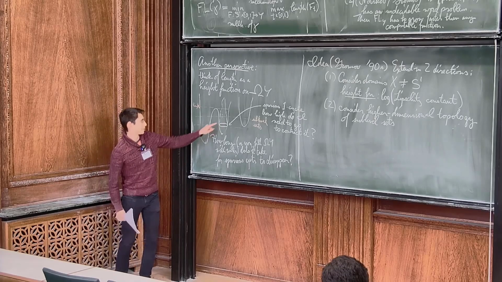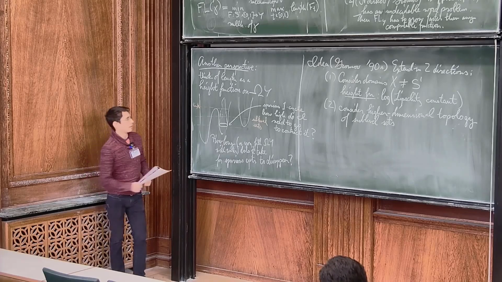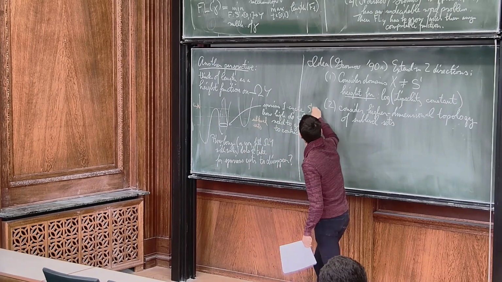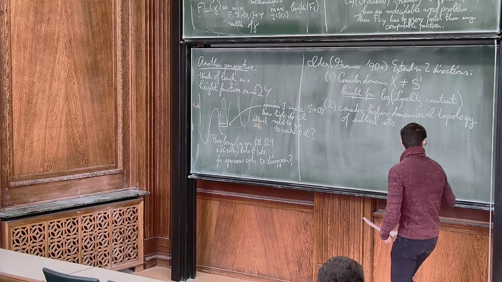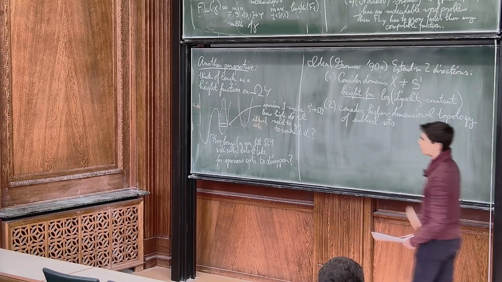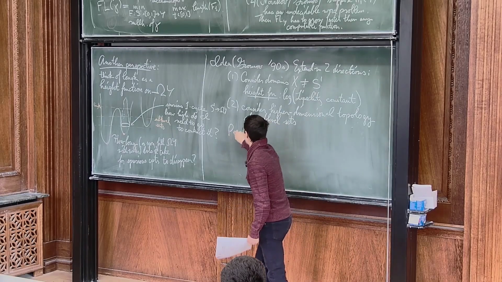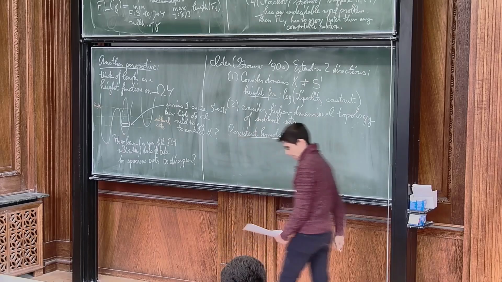So this is a circle's worth of loops. Okay. And there's a standard formalism that's used for studying things like this, which is called persistent homology. So let me give a very brief crash course in what that is.